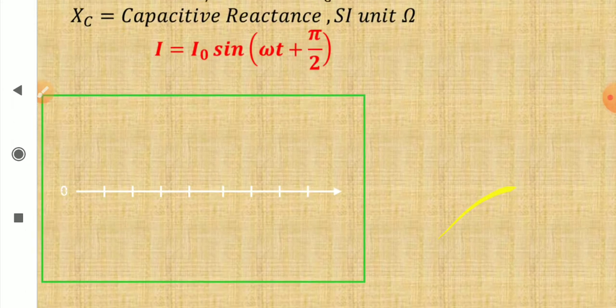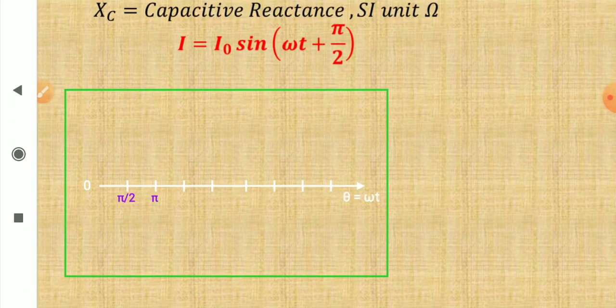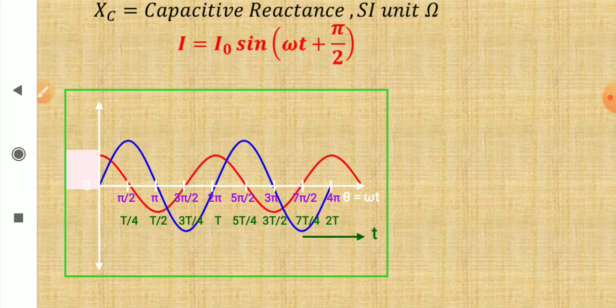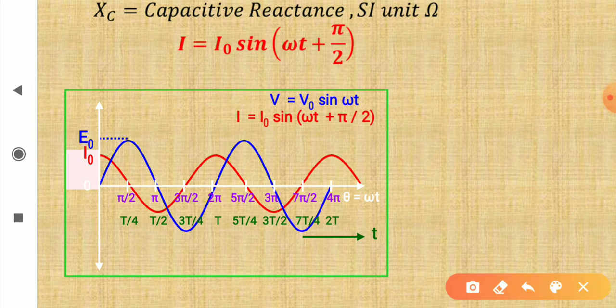And now you can look at the graphical variation. So we are showing this graphical variation. See, here the current is ahead of voltage. Look at it.